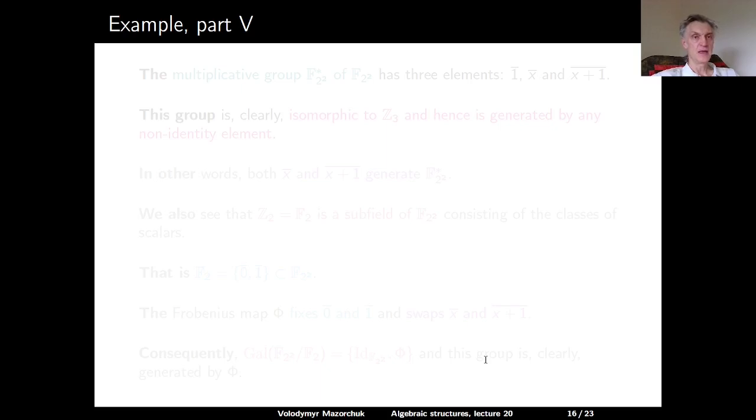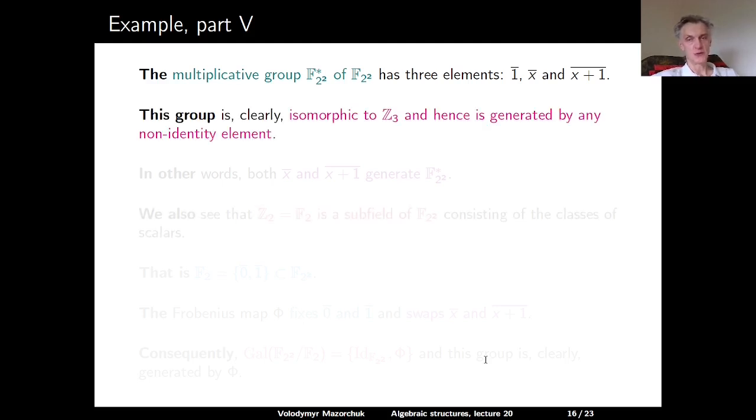So we see that the multiplicative group of our field with 4 elements has 3 elements, 1, x, and x plus 1. So this is isomorphic to the cyclic group of order 3, and so it's generated by any non-identity element. So both x and x plus 1 generate this multiplicative group.